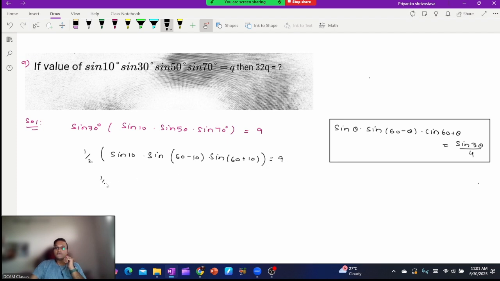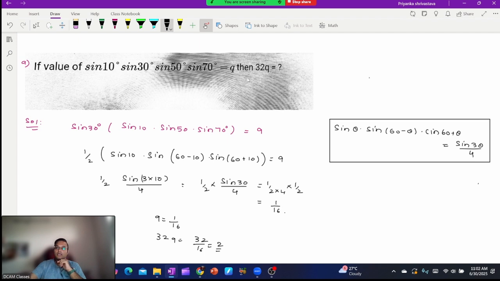So it will become 1 by 2 into sin of 3 into 10 whole divided by 4. 1 by 2 into sin 30 by 4. 1 by 2 into 1 by 4 into 1 by 2. 1 by 16. So the value of q you are getting is 1 by 16. They have asked 32q, so it will be 32 by 16. 2. The answer is 2.